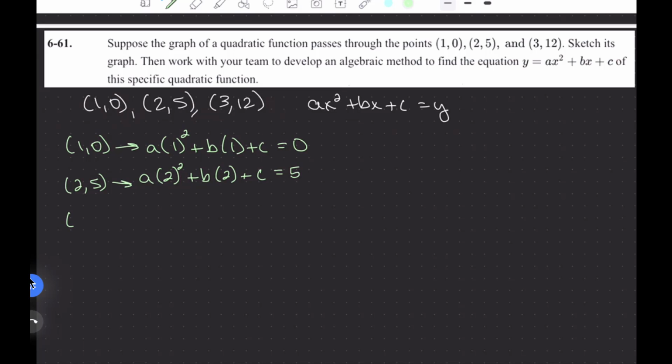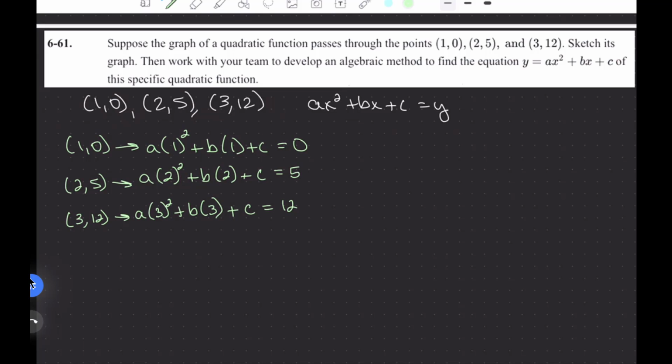And then on that third point, that 3, 12, we can plug that in. We don't know A, 3 squared, plus B times 3, plus C, and we don't know anything about C, and that's going to equal our Y value, which is 12.